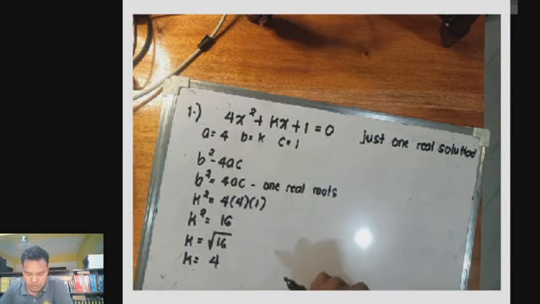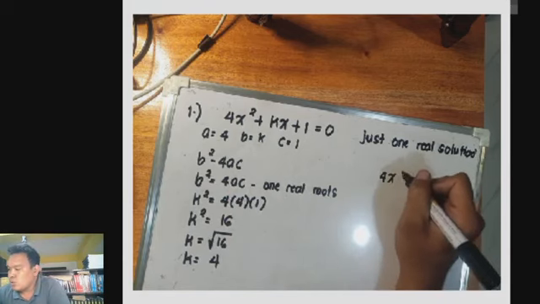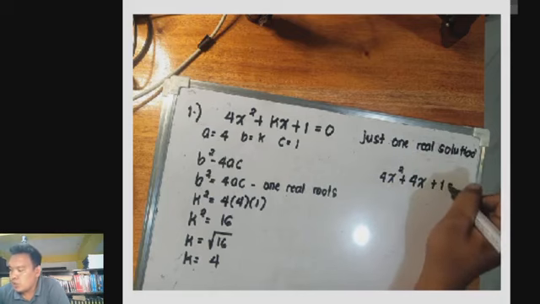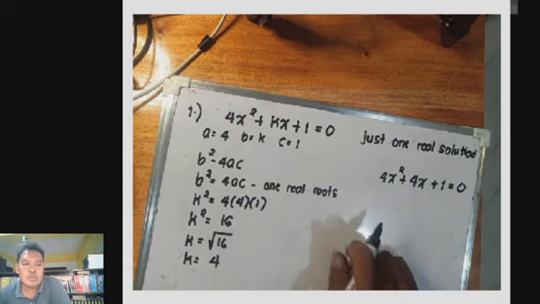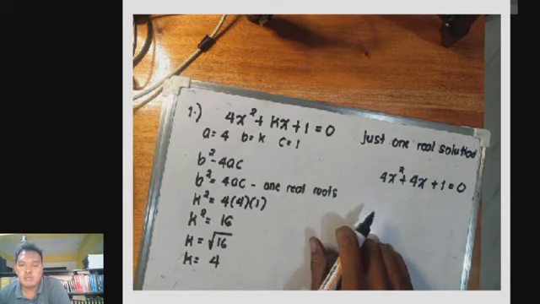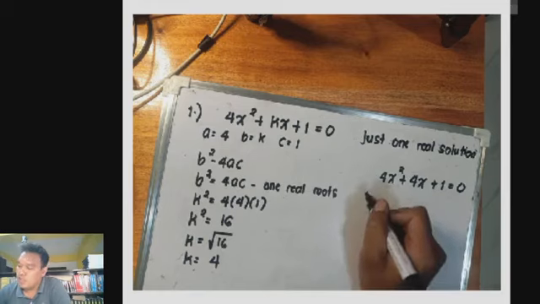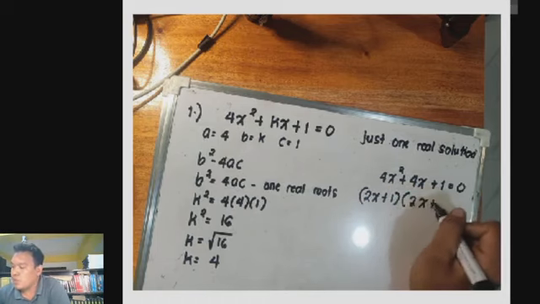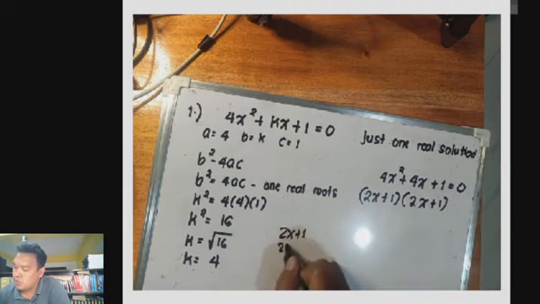So, kung gusto nyo i-double check, try nyo hanapin yung 4x squared plus 4x plus 1 is equal to 0. So, try to factor this. Lalabas dyan po isang roots lang po yung kalalabasan. Lalabas natin dyan ay 2x plus 1 times 2x plus 1. Let's double check. Try 2x plus 1, then 2x plus 1.